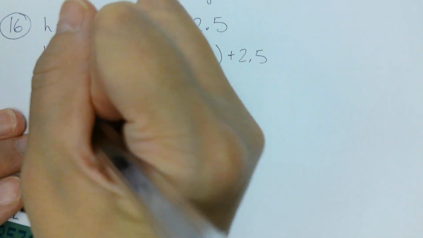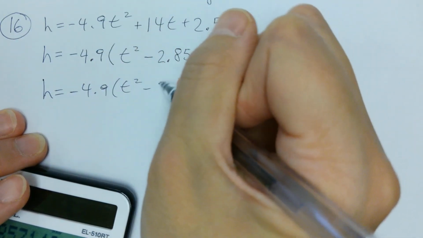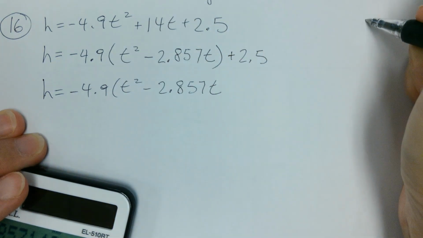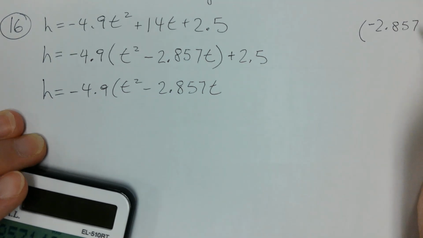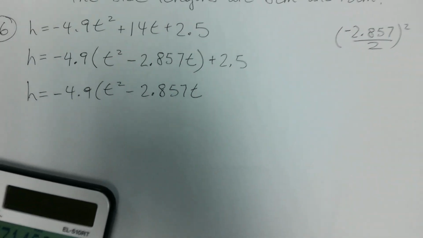Next I'm gonna take half of this number. So half of this number, negative 2.857, I'm gonna divide it by 2 and then square it.